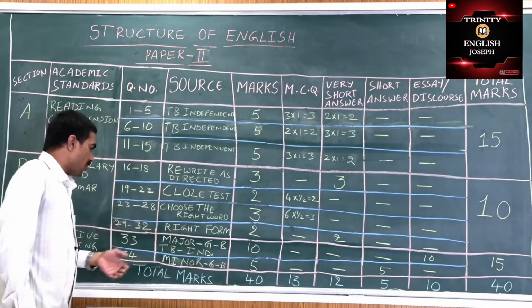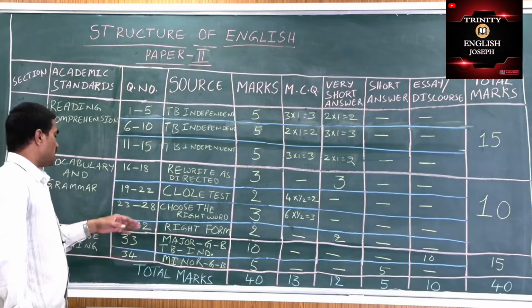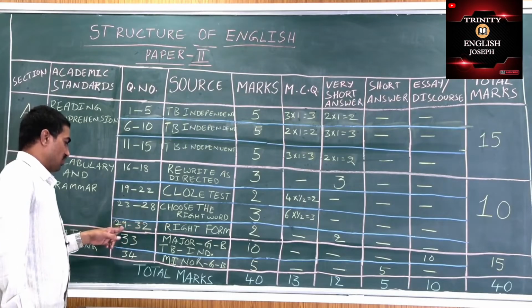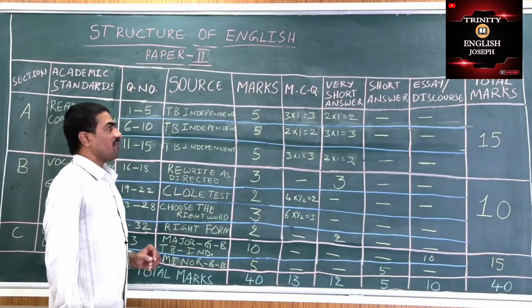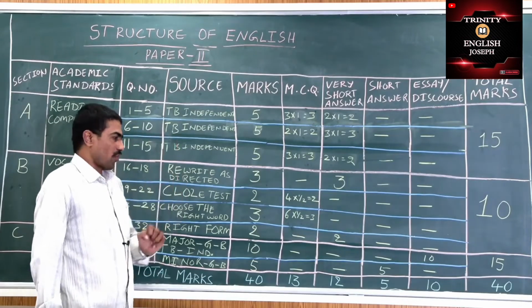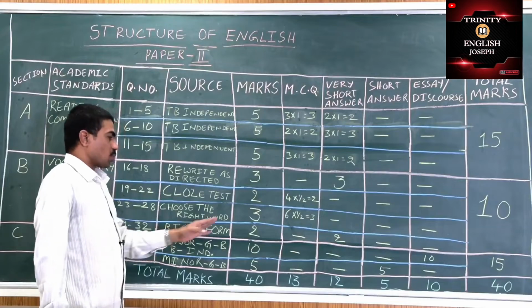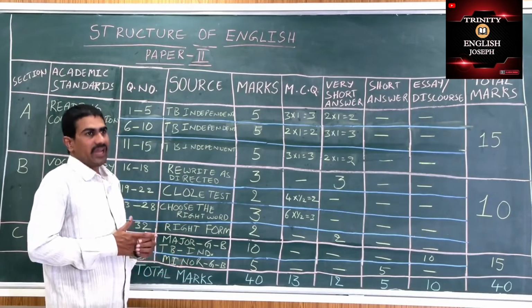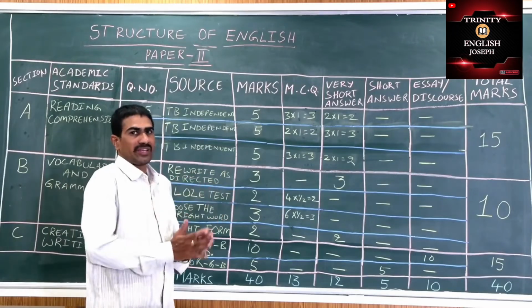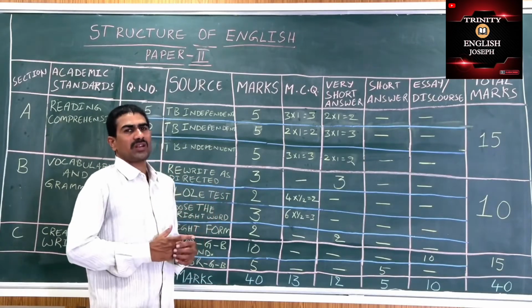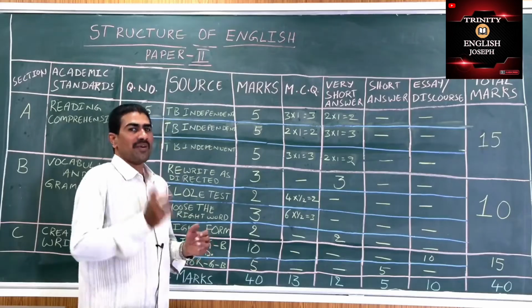If you come down, the 4th part in the second section is question numbers 29 to 32. Here again we have 4 questions, and we have to choose the right form of the word. A word is given in the bracket and a blank is given. You have to fill that blank with the right form of the word.